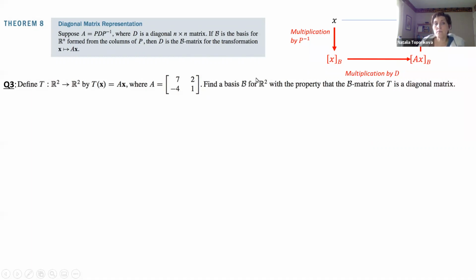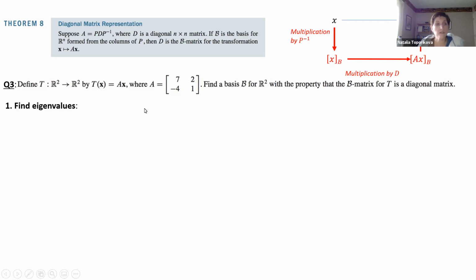So let's find a basis for R2 such that the B matrix of T is a diagonal matrix. Basically, we're trying to find the diagonalizable transformation, and hopefully a matrix P, which will consist of the eigenvectors and make our multiplication much easier.